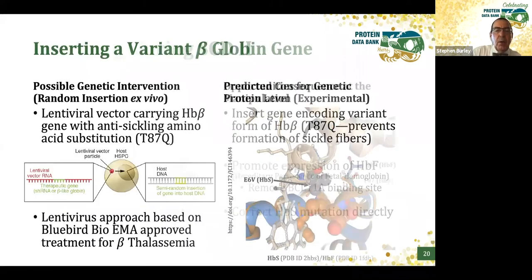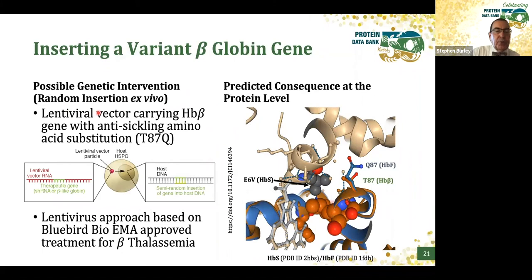So the approach that has been taken experimentally, the clinical trial is currently on hold because of some quite serious adverse events that were seen in the individuals. It involves random insertion of the gene encoding hemoglobin beta with this anti-sickling variant, randomly incorporating that into the hematopoietic stem cells that have been removed from the individual, grown up in a petri dish in the lab, and put back into the individual.